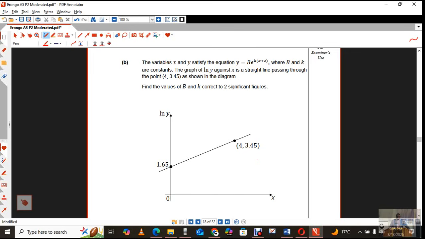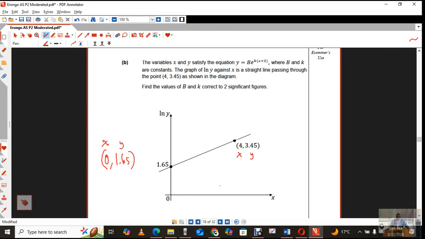The graph of the natural log of y against x is a straight line passing through the points (4, 3.5). And the other point, you can see in the diagram, is very necessary for you to know: this particular point is the point (0, 1.65), okay? Points are always given by x coordinate, y coordinate. Very important.